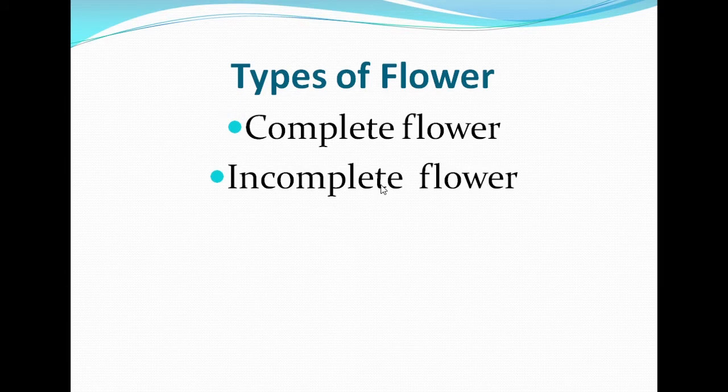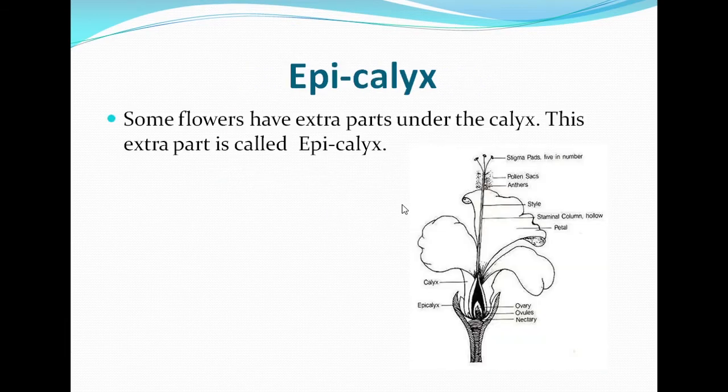Due to the presence of all parts, we are dividing the flower into two types. If all parts of a flower are present, then it is called complete flower. If there is an absence of any part, then it is called incomplete flower.